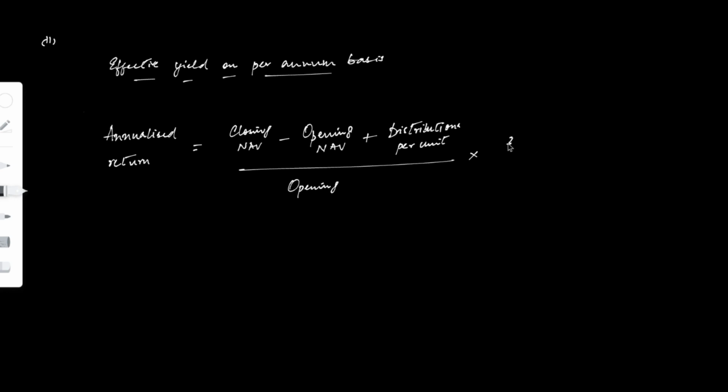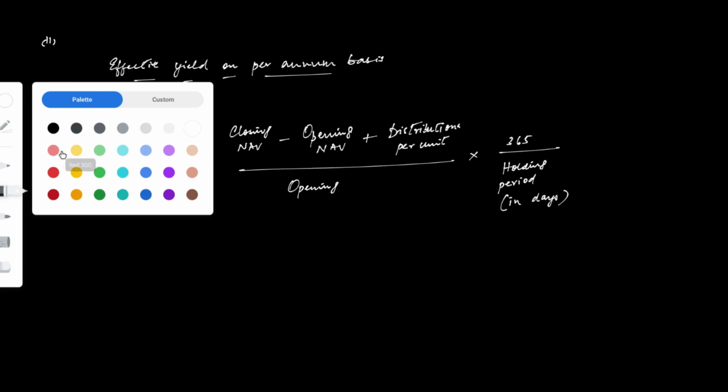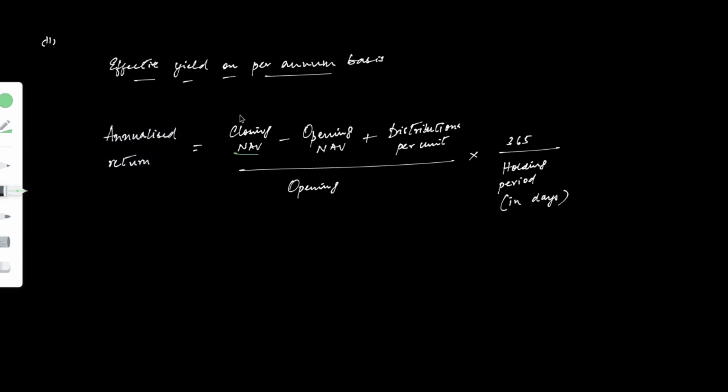So here we will take 365 by holding period in days, right? So this is the formula that we are going to use. Okay, so now in this question, what all are given? So we have closing NAV, this is given. We have opening NAV, this is also given.